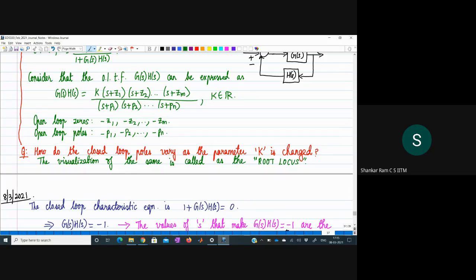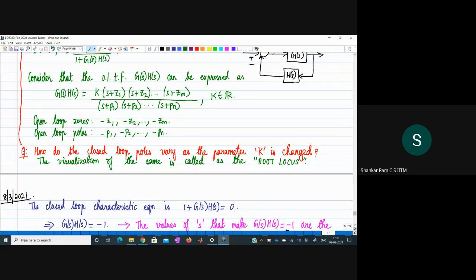We are going to figure out how to construct the root locus, but at least at a conceptual level, I think it is clear what we are trying to achieve through this process.